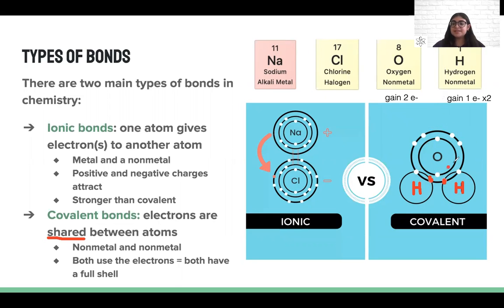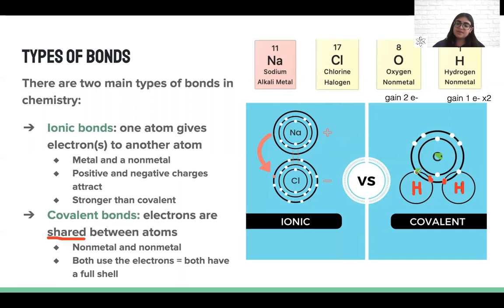But we don't just need to make the oxygen happy, the hydrogens need to be happy too. And right now, they only have 1 electron each, so only the red ones. So oxygen says, okay, since you let me borrow these 2 red electrons, I will let you borrow 1 of my electrons as well.